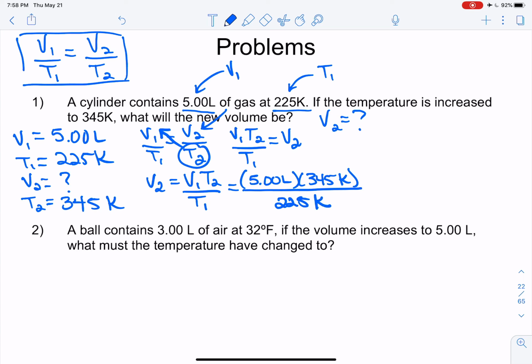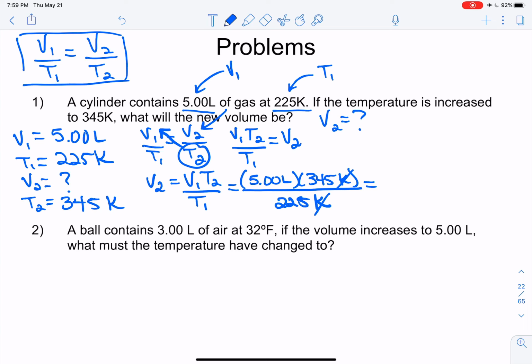And we have to take a look at that and say what cancels out, and that's Kelvin, because anything divided by itself is what? Is 1. So Kelvin divided by Kelvin is 1. So we put this into our calculator: 5 times 345 divided by 225. And we have 3 sig figs, 3 sig figs, and 3 sig figs.